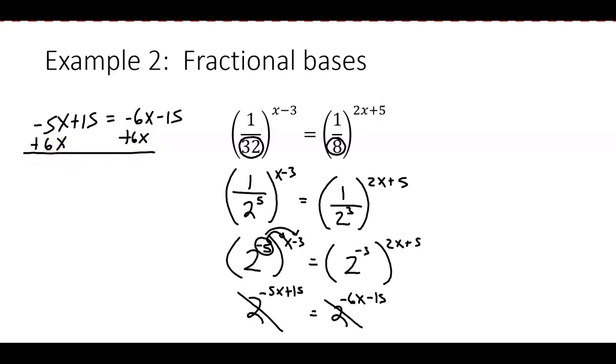Some of you guys might be weirded out by that because so far every time today I've moved this number, not this one, but it doesn't really matter which one you cancel. So I'm going to do the 6x this time. That way this is gone, and I end up with a positive 1x. Negative 15 is all that's left on the other side because the 6x is canceled. And then solve for x. I'm just going to minus 15.